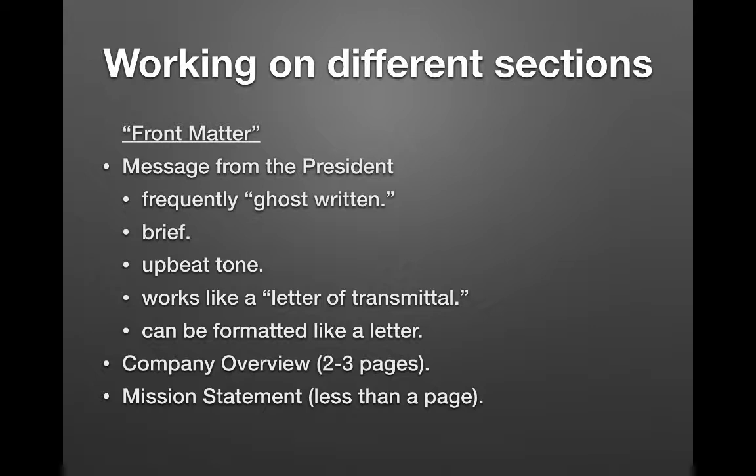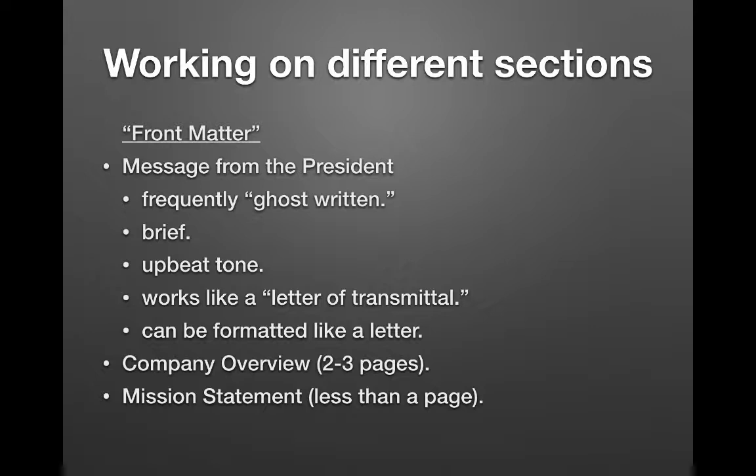So a formal document differs from an informal document such as a memo. We can use memos for reports and interoffice communication, and they don't have that type of front matter and back matter. They might have some documents attached at the end in terms of back matter or appendices, but we don't have some of the different parts such as a cover, a table of contents, those sort of things.